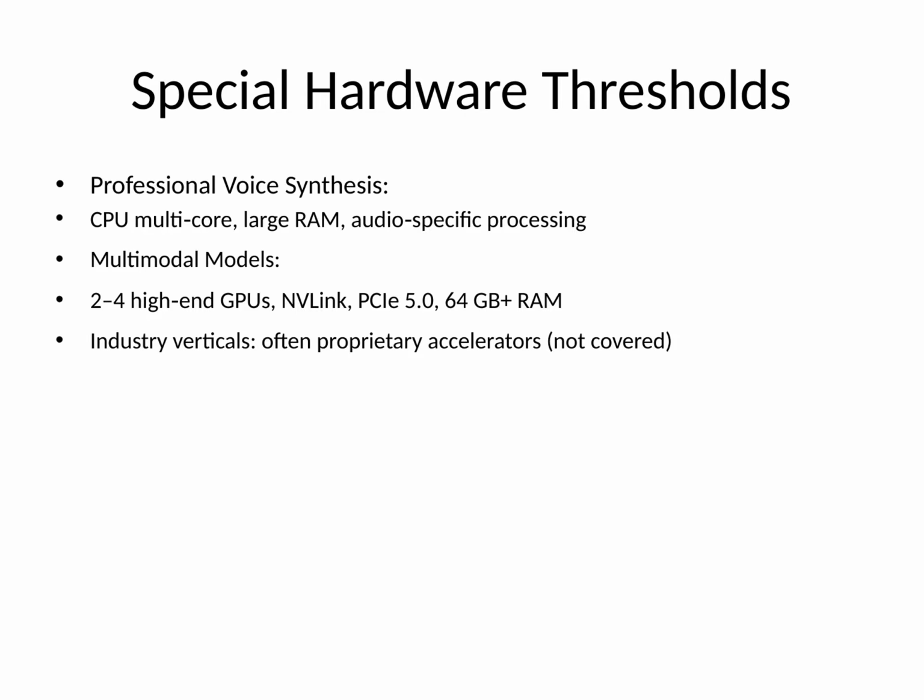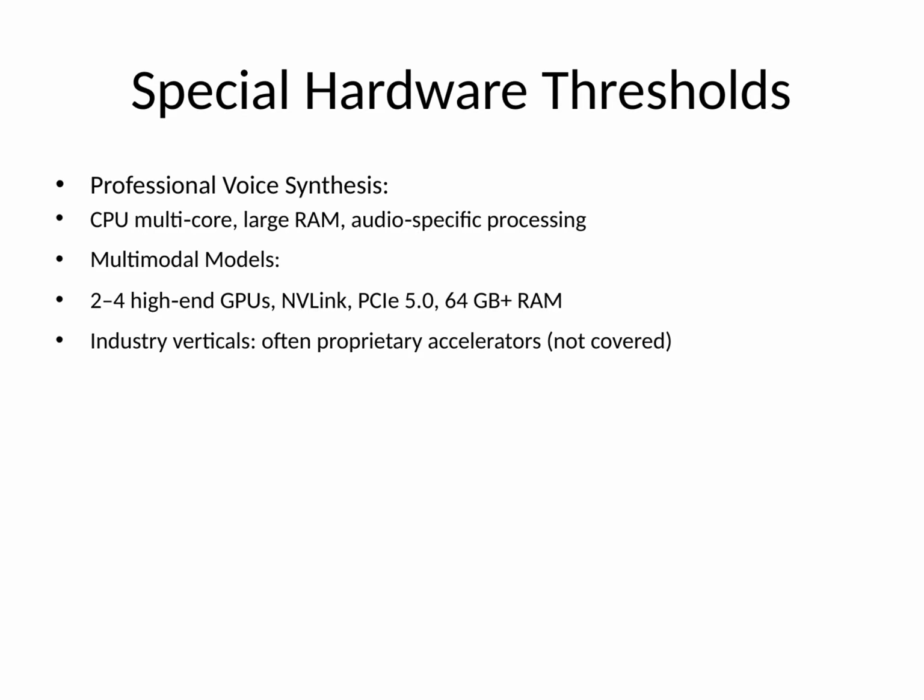Multimodal models represent another special case. Because they process multiple data streams simultaneously, they frequently need 2 to 4 high-end GPUs working together. Fast interconnects such as NVLink and modern PCIe standards help move large volumes of data between devices without bottlenecks.